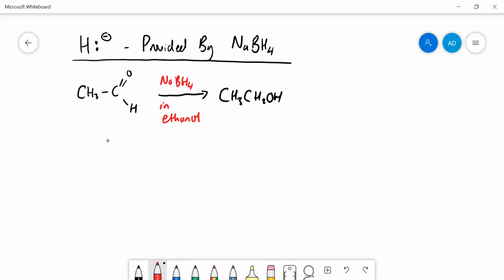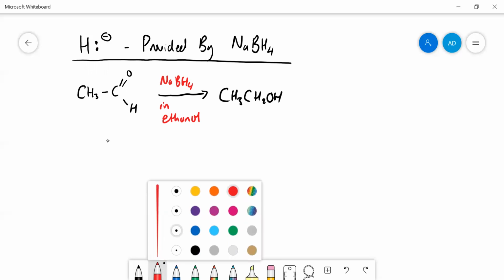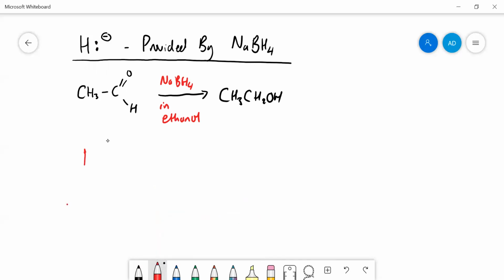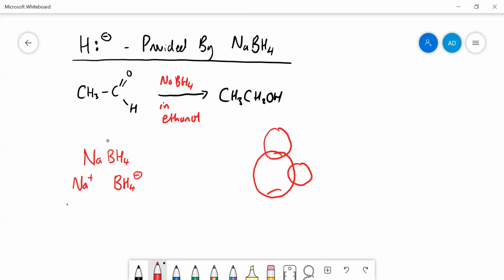Right, let's just have a little think about sodium borohydride. NaBH4. Well, we know sodium always forms ionic compounds, so we know that's got to be an Na plus ion. So that means this BH4 bit has got to be a negatively charged ion. Boron is in group 3 of the periodic table, so let's have a think about it. So we've got a boron there, and these are hydrogens.